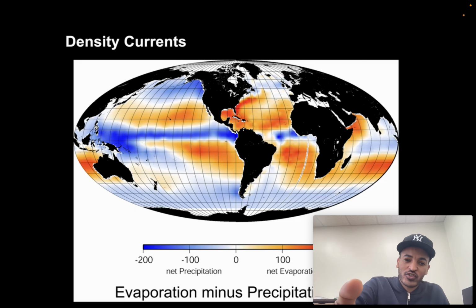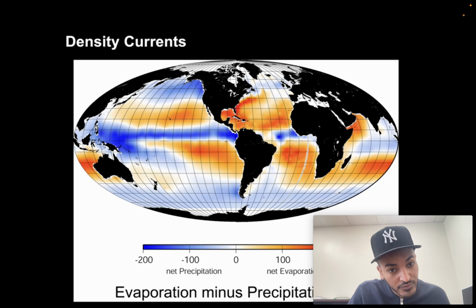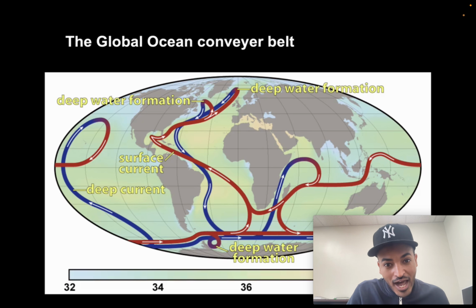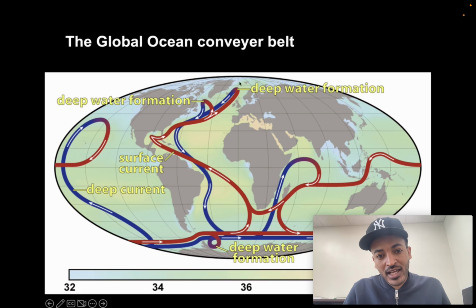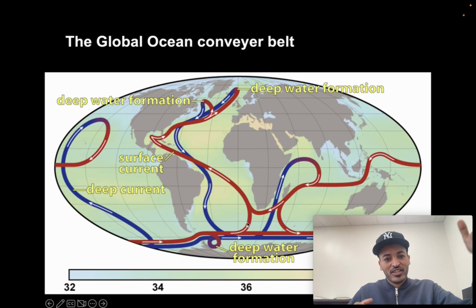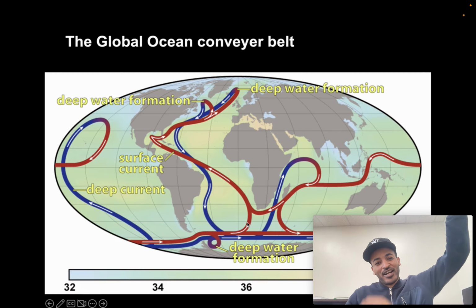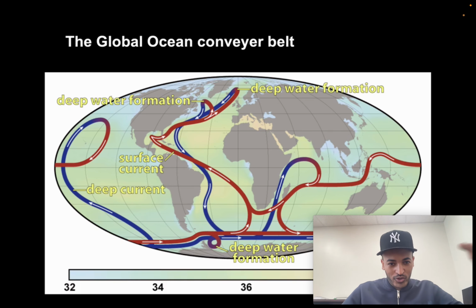But a change in temperature and precipitation influences the global thermal circulation. How? Well, if the salinity of the water changed, it changed the gradient between the different oceans, right?